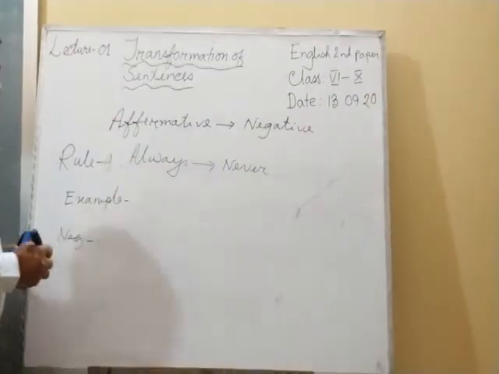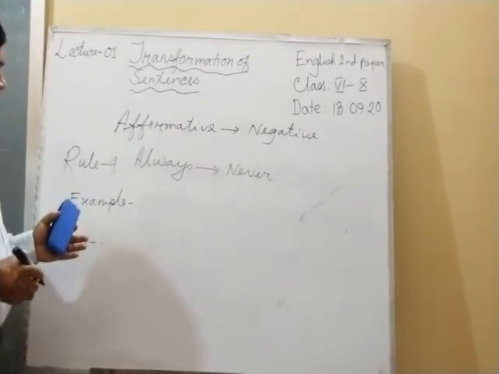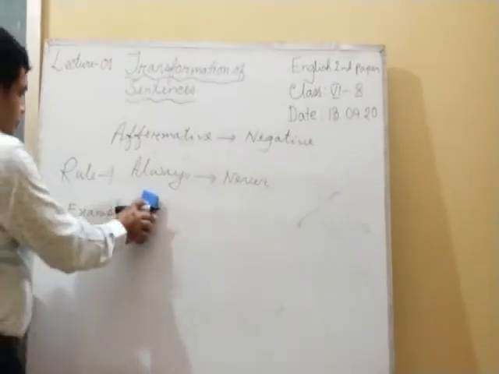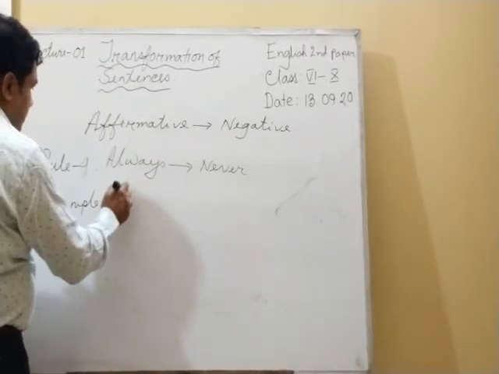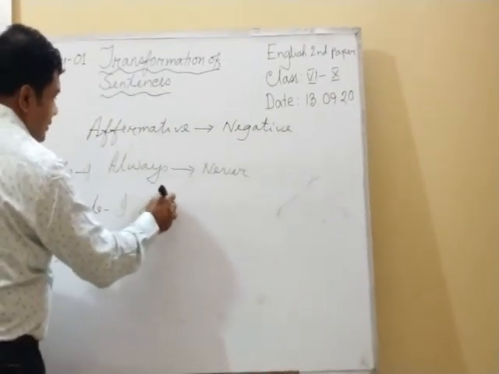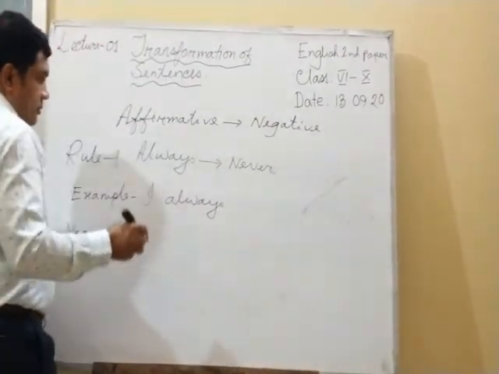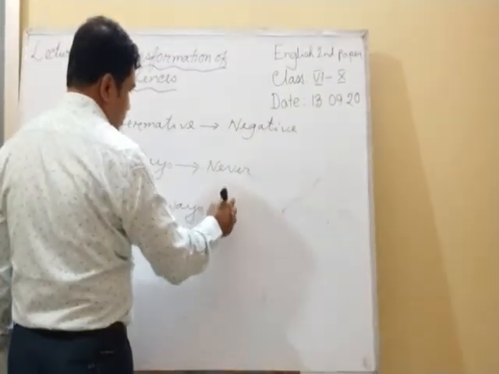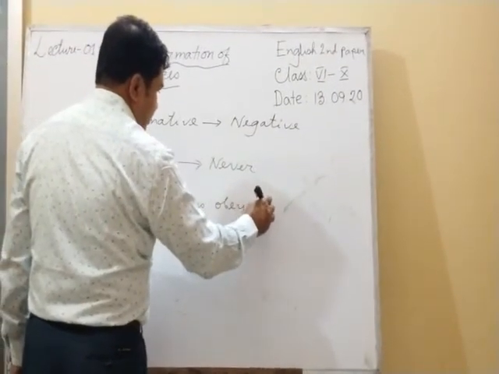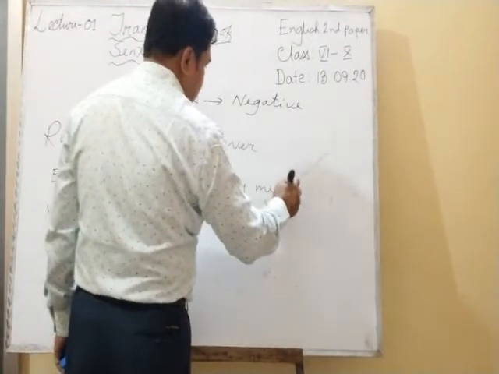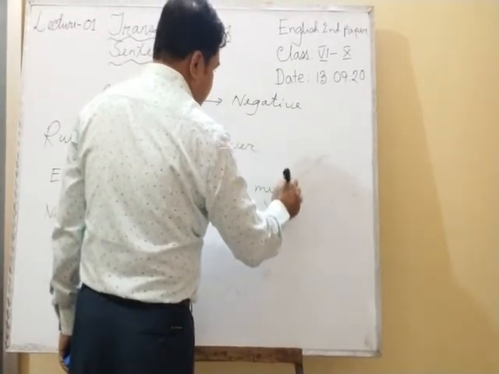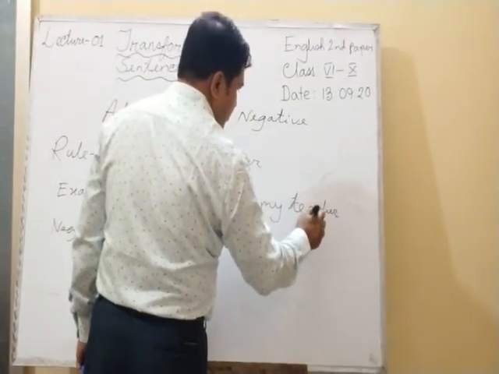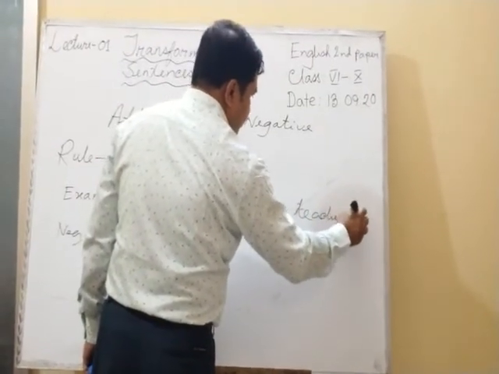If we see always in an affirmative sentence, this always will be replaced by never. I always obey my teacher's advice.